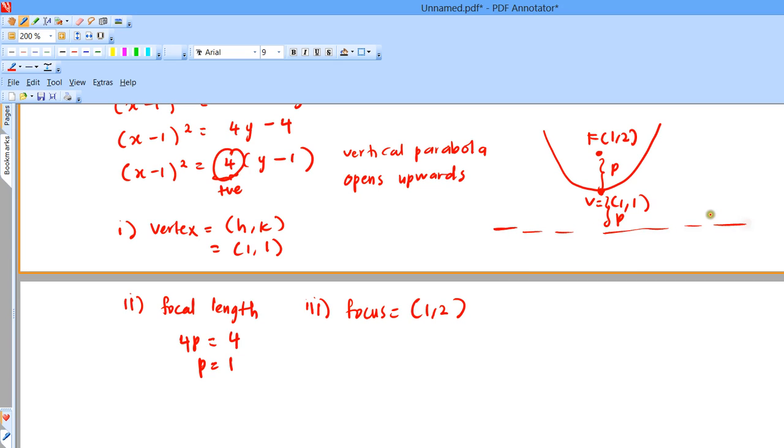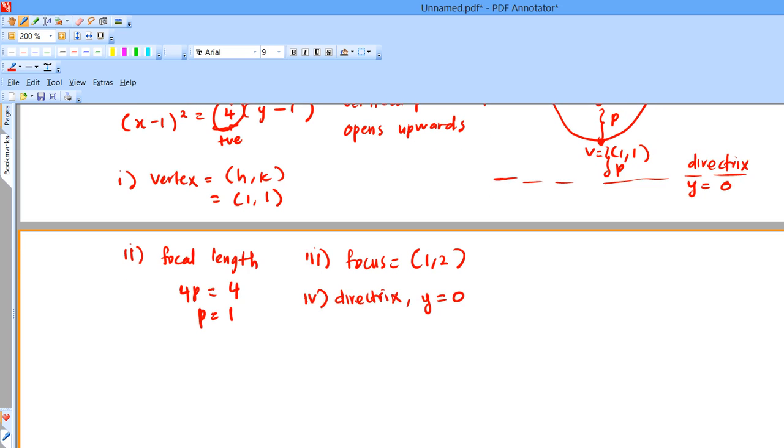So here the directrix is the value of y equal to 0. The y at the vertex is equal to 1. If we minus 1 unit, it equals 0. So the directrix is y equal to 0.